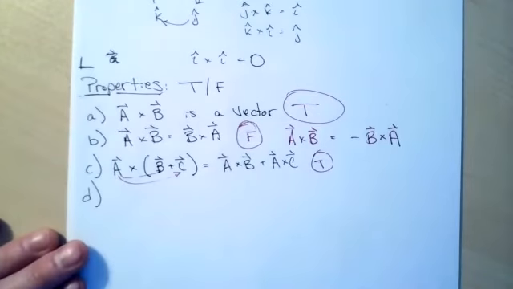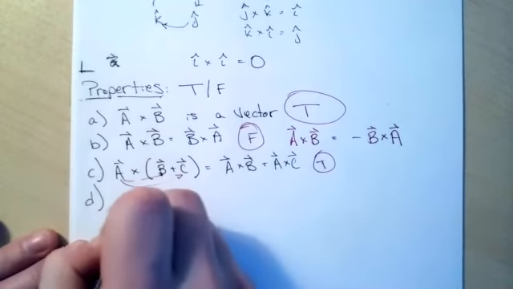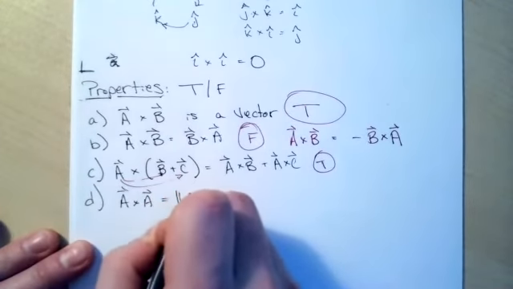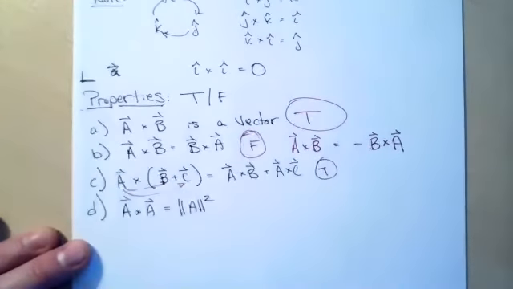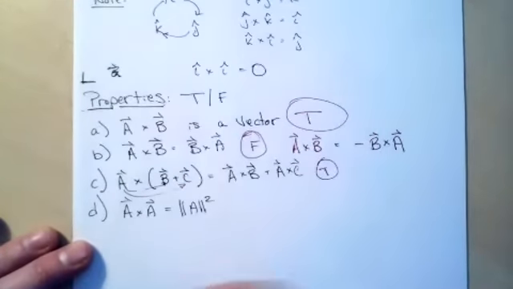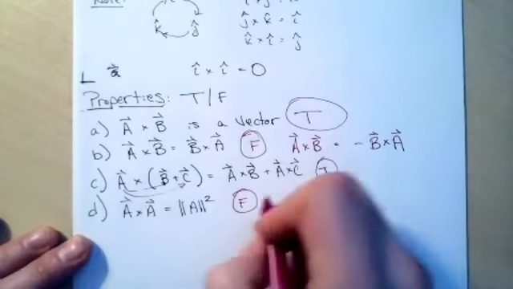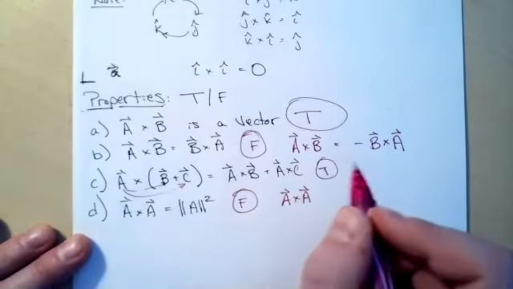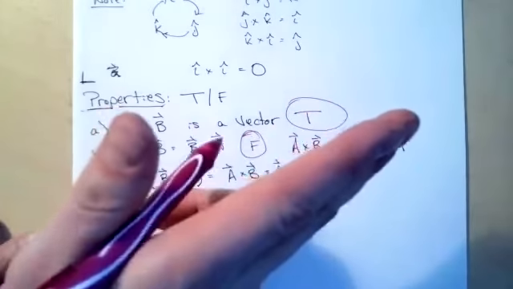D. We've got A cross A is the norm of A squared. True or false on this one? Well, we were just talking about it a little bit. False. Our correct statement, A cross A. Well, if I do a vector cross itself, there is no area of that parallelogram.